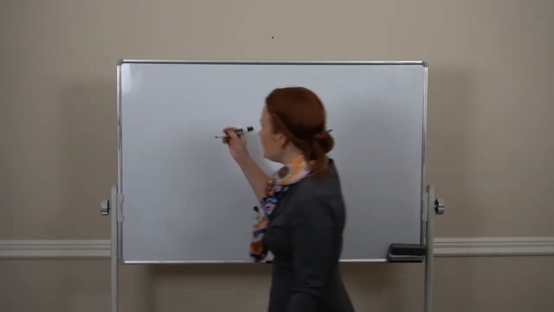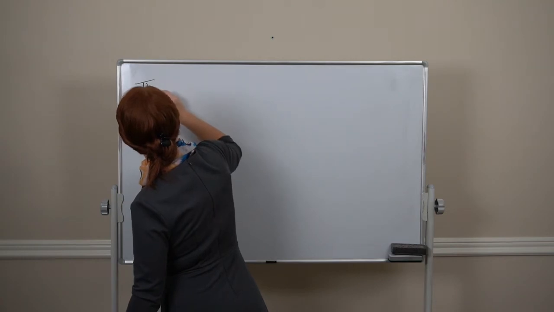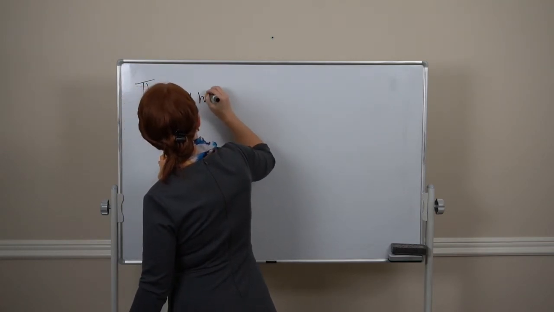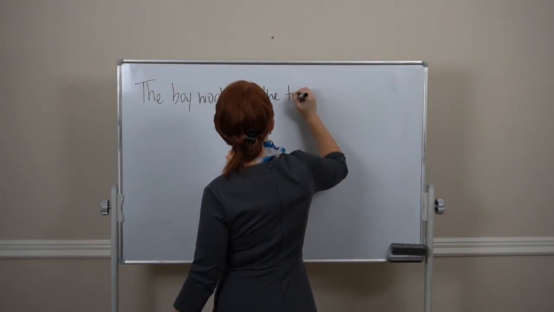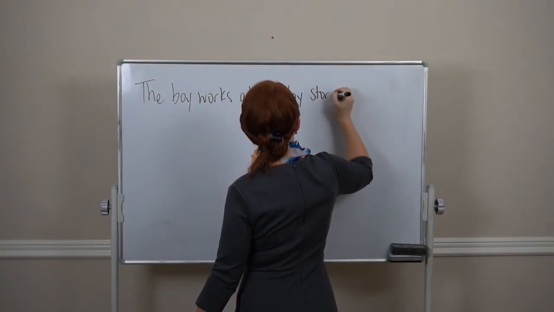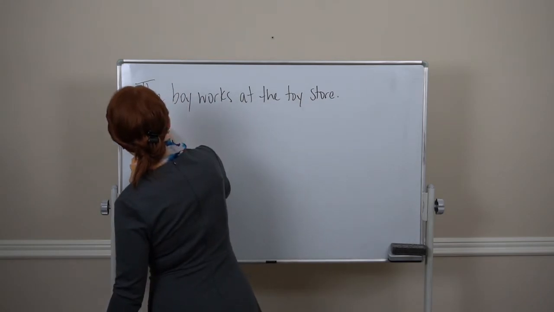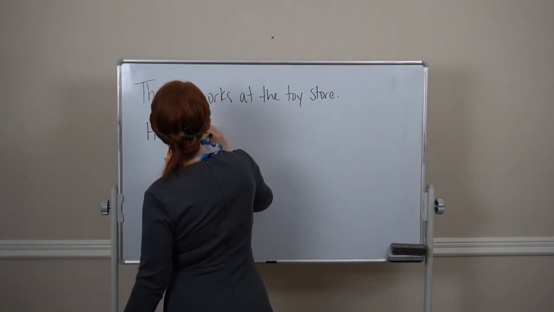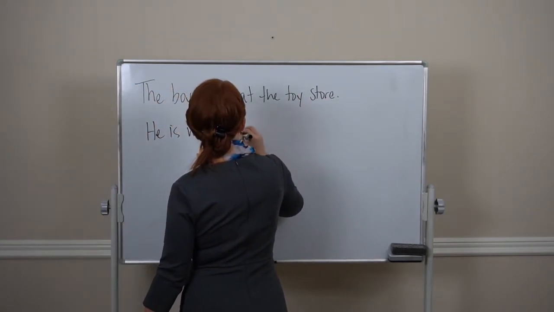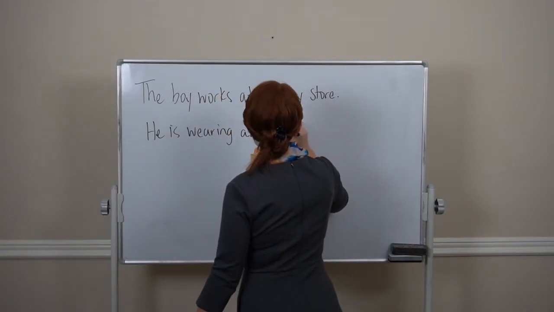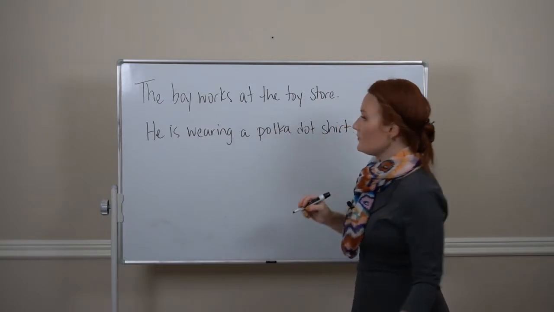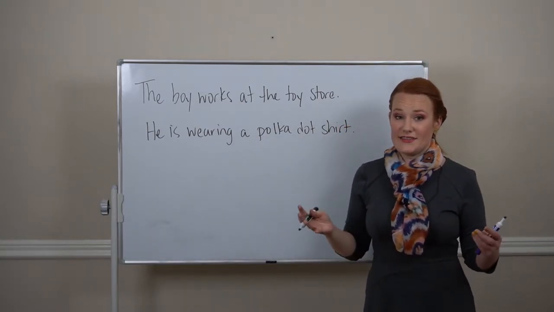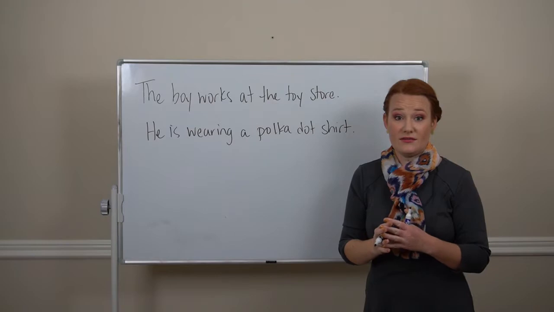So if we have those two, the boy works at the toy store, and he is wearing a polka dot shirt. Okay, so I want to take these two sentences and combine them together.